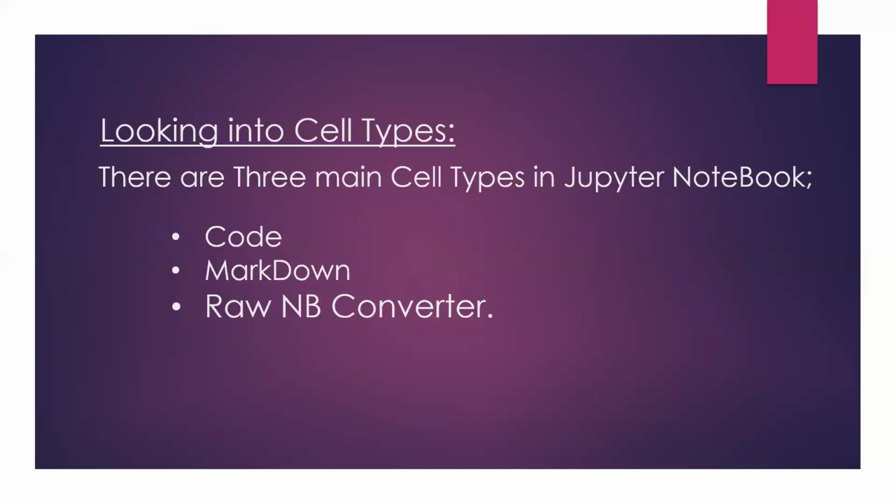Thereafter, we discussed cell types. There are basically 3 main cell types: code cell, markdown cell, and raw NB cell. We discussed some features of code cell and markdown cell, and we discussed that raw NB converter will not be used in this course, and it is normally not used because kernel does not load it.